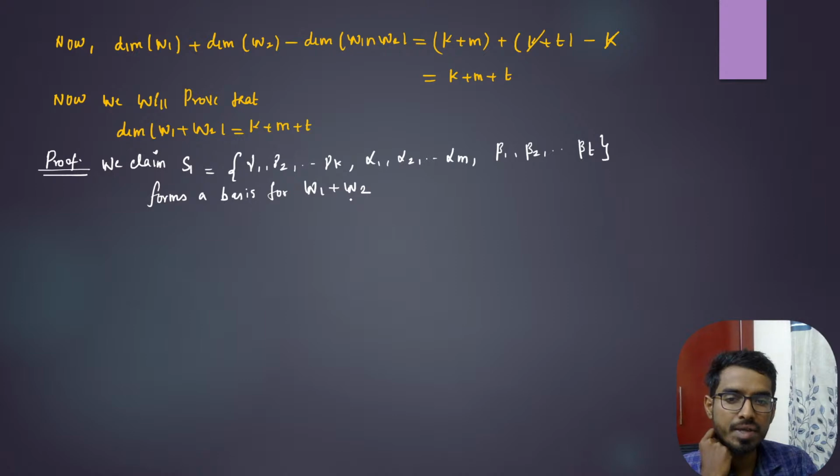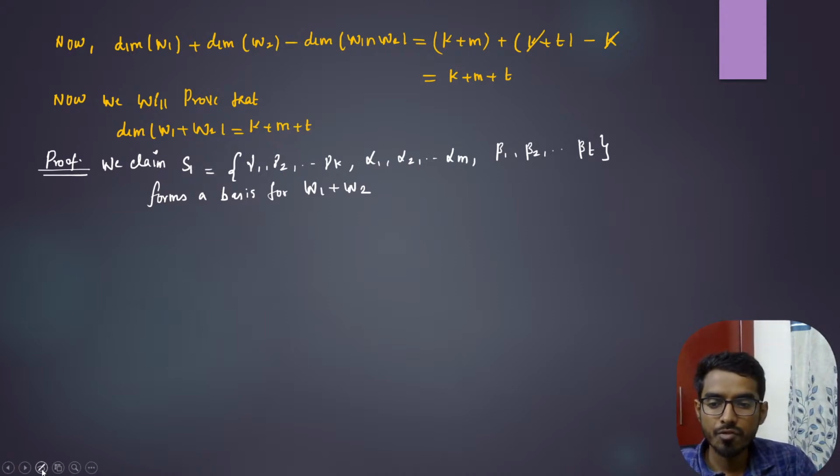So I need to show this is a basis for W1 plus W2. To show that, I need to show two things. First, I need to claim that this set S1 is linearly independent, and I need to prove that the linear span of S1 is equal to V. That's it. If I show this, then the entire theorem will be over, right?